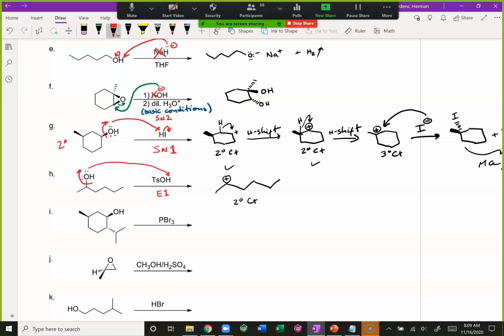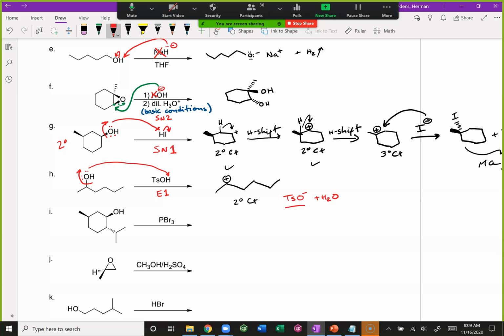It's E1 because your tosylate, so this plus water was formed, is a poor nucleophile. It's really bulky, so it's going to deprotonate.